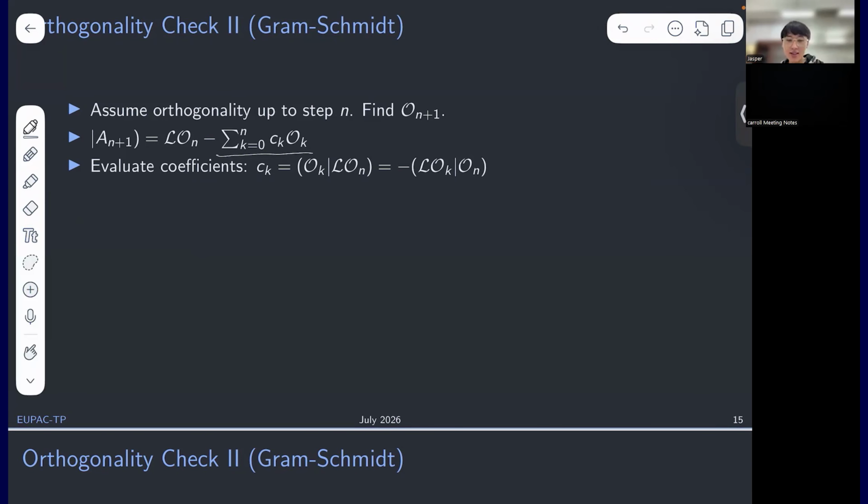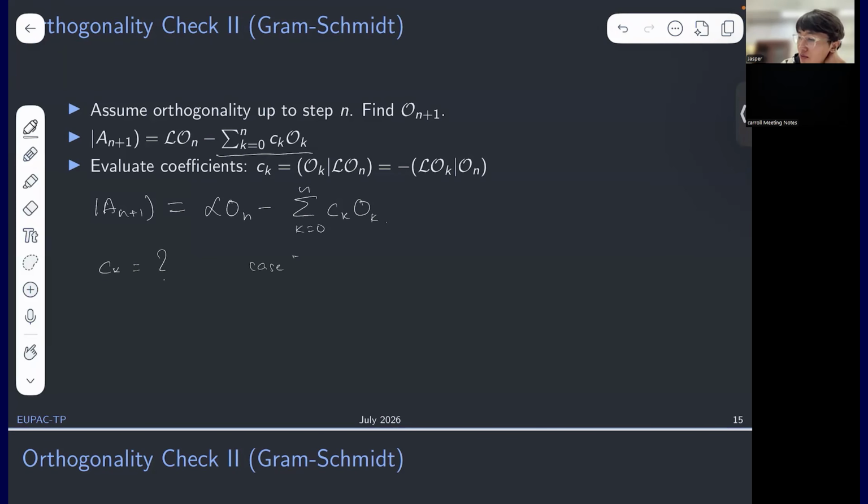We subtract each and every vector from our new vector to make it orthogonal. That's the usual way. So what we can do is write A n plus 1 as the Liouvillean acting on O n minus the summation over k equals 0 to n of ck O k. Now, what we want to understand is how does this ck behave? What is the value of the ck's, right?